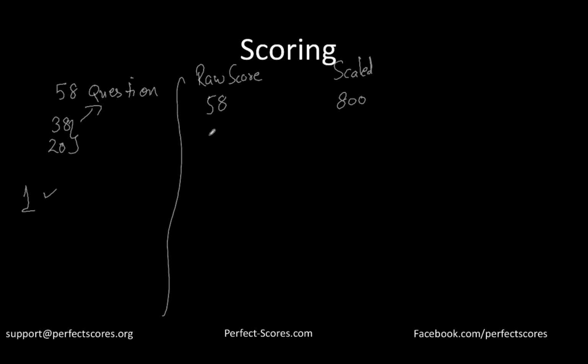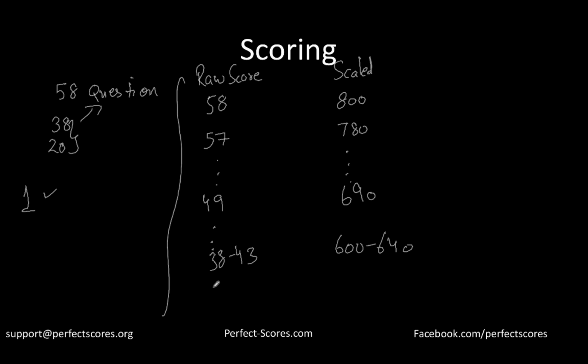Let's suppose you get a question wrong, or you don't answer a question, so your raw score is 57. This is probably going to be 780. So the scaled score is going to keep on reducing. I'm not sure exactly how it reduces, but at a score of 49 you'll probably get somewhere around 690. If you score between 38 to 43, you will get somewhere between 600 to 640.